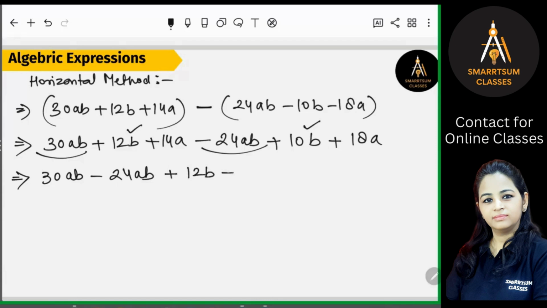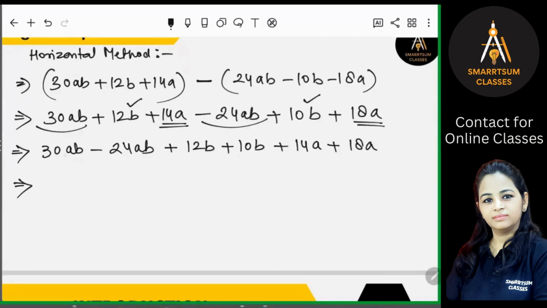Always write the terms along with their sign, 10b, 12b. Now the next one is 14a and 18a, both are positive terms, so we will write them here along with their sign, plus 14a plus 18a. This is a group of like terms, right? So we will solve them.